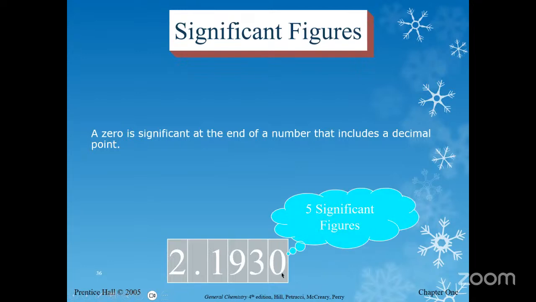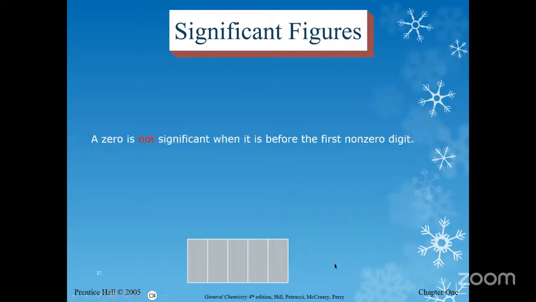Again, we have a 0 at the end of this number. So therefore, the total number of significant figures represented here would be 5. Right? Okay, and that's it as far as the examples are concerned in that situation. So just to recap, that particular rule, if you have zeros at the end of a number and there's a decimal point anywhere in that number, then those zeros at the end are significant.